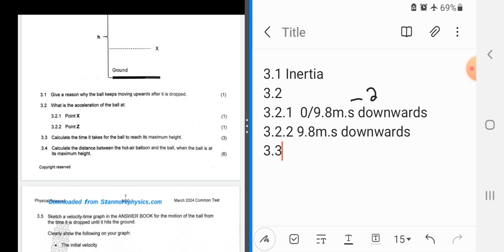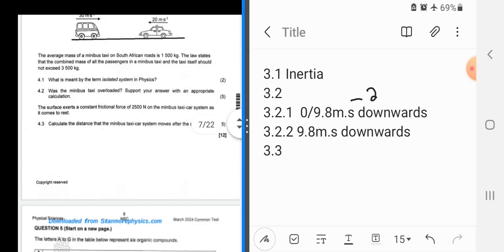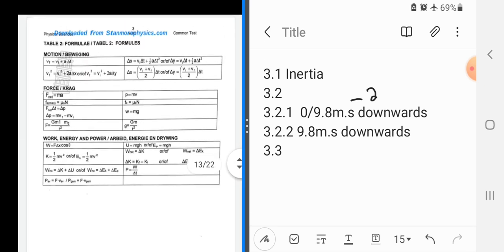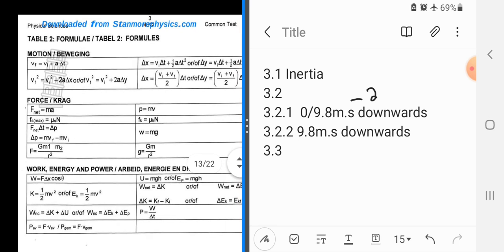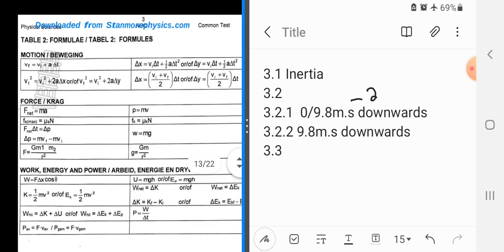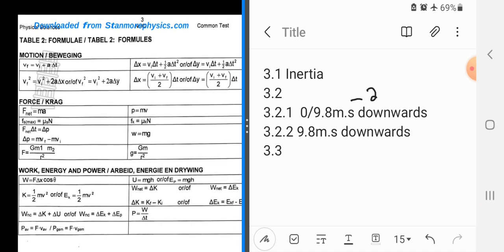I'm going to the formula sheet, where you're going to use the motion formulas. We have to see the ones that have time. The first one in that block of motion has time, the second one also has time, and the third one has time.